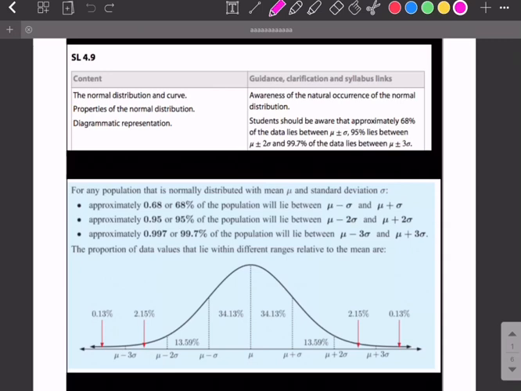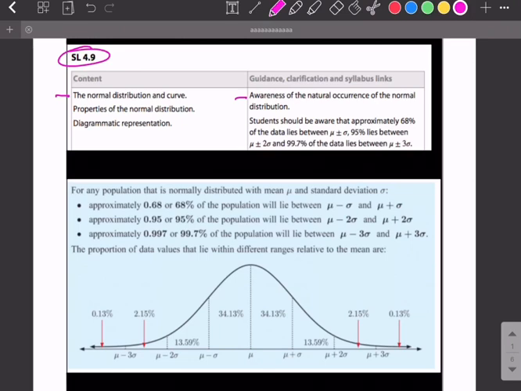Now, the first thing that I have here is the actual syllabus, and you see it's topic 4.9. So we're reaching the end of this topic. We're talking about the normal distribution and curve. So, awareness of the natural occurrence of the normal distribution.